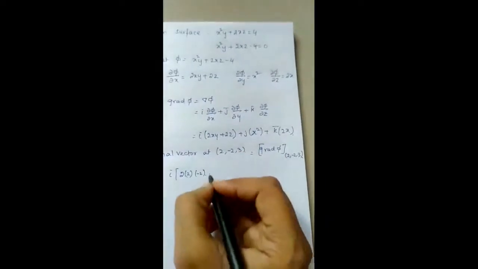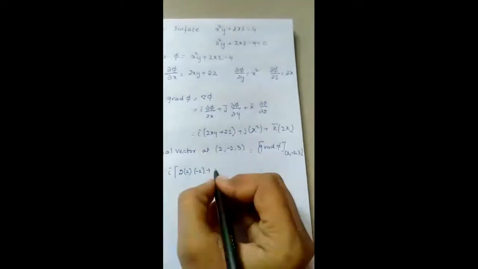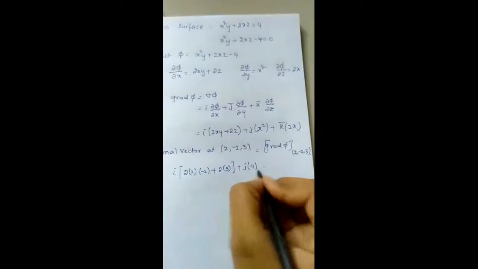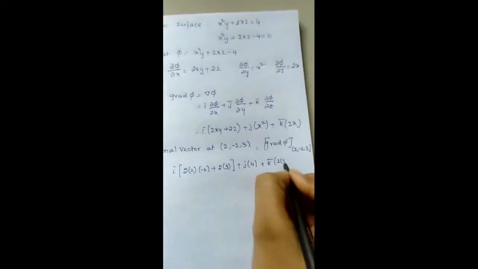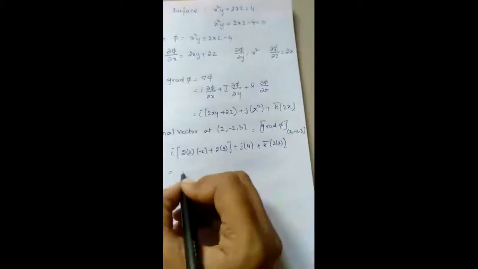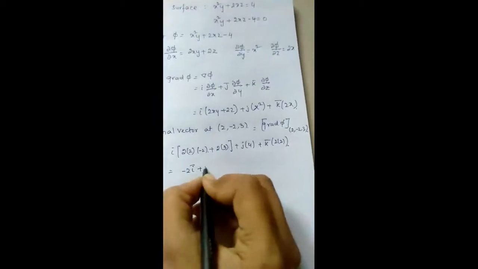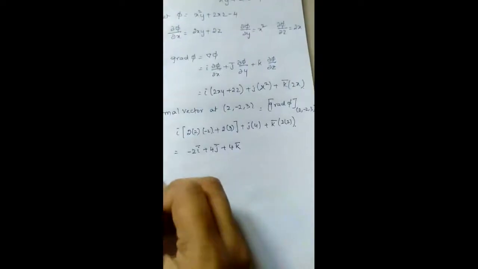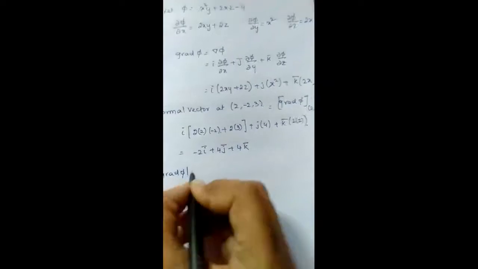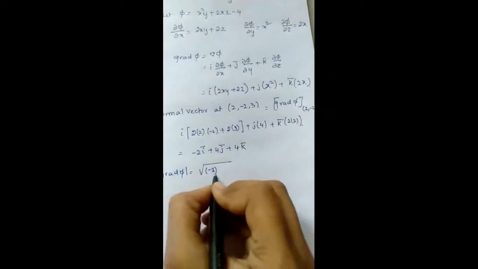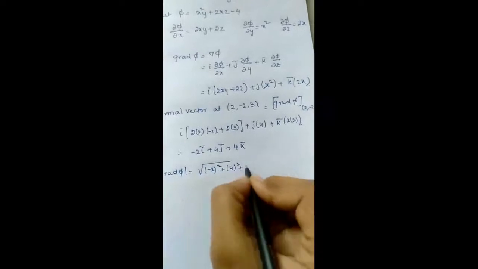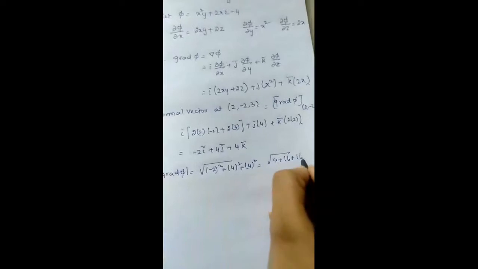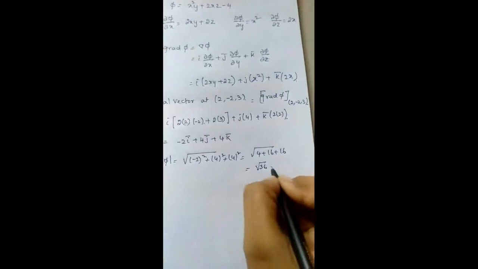So 2 into 2 into minus 2, plus 2z, that is 2 into 3, plus j times 4, plus k bar 2 into 2. So I get minus 2 i bar plus 4 j bar plus 4 k bar. Modulus of grad phi is the square root of minus 2 square plus 4 square plus 4 square, equal to the square root of 4 plus 16 plus 16, which is the square root of 36, equal to 6.